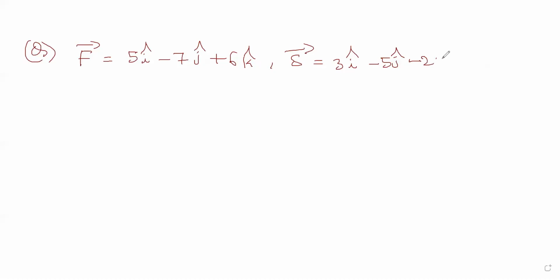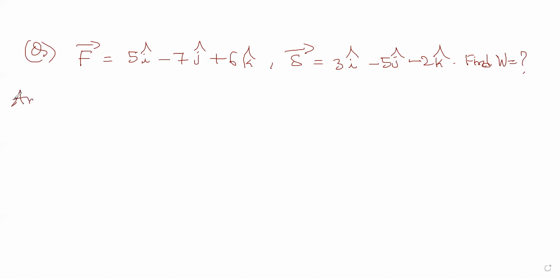The force vector is 5i cap minus 7j cap plus 6k cap, and the displacement vector is 3i cap minus 5j cap minus 2k cap. Right? Find W. You have to be familiar with this one.